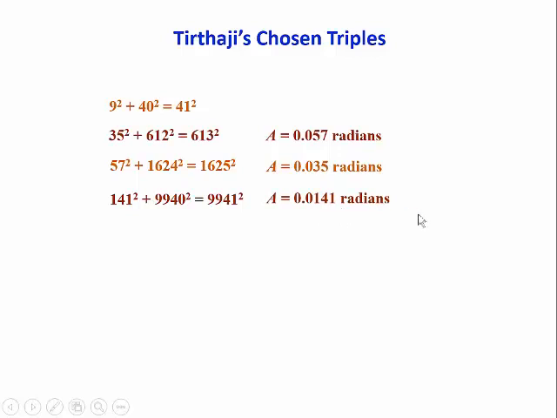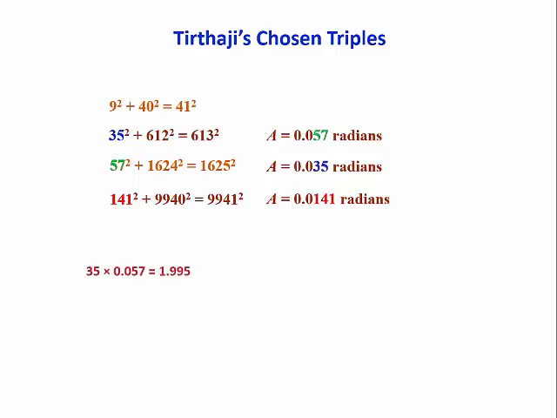And this is interesting because you see the 35 here in blue and the 35 here, and here we have 57 and 57 in green. So there's a connection between these triples. And the same here, this one is sort of self-reciprocating because you get 141 here and it also comes up in the angle.